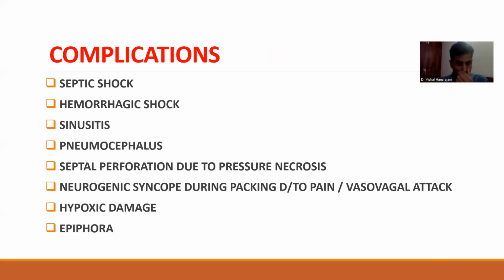So, what may be the complications of epistaxis? Septic shock: if the underlying cause is some infective pathology, then the patient may go into septic shock. And if the amount of bleeding was very severe, then definitely the patient can have a hemorrhagic shock.